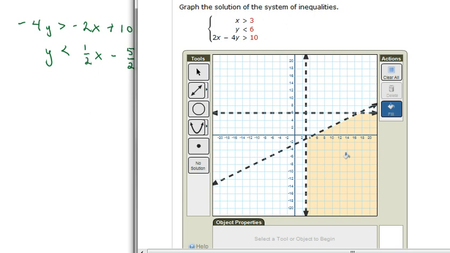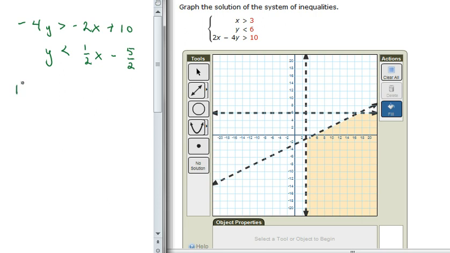And as a test value, let me use the point 10, 0.